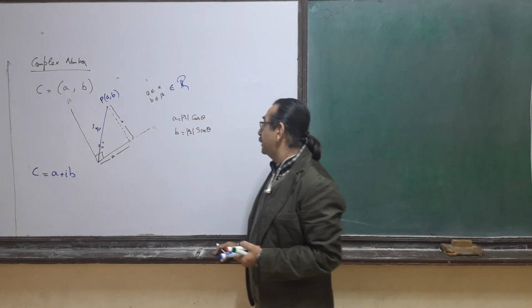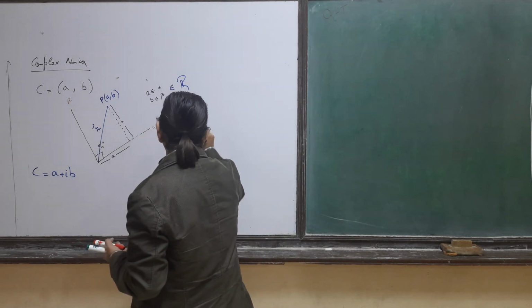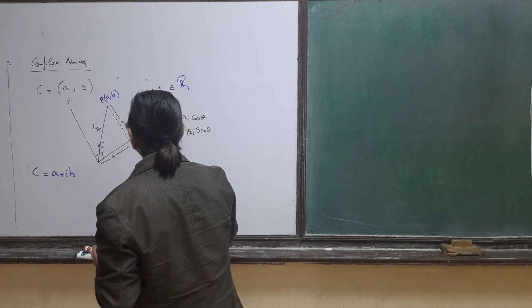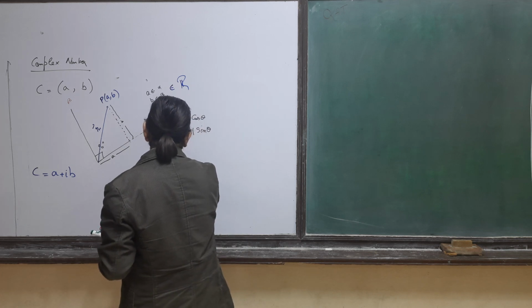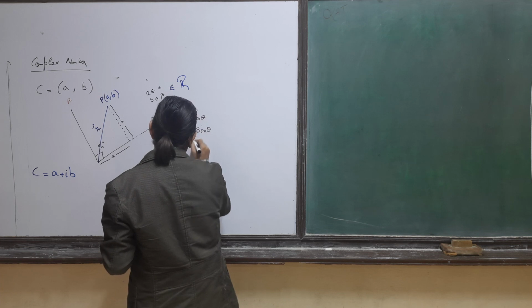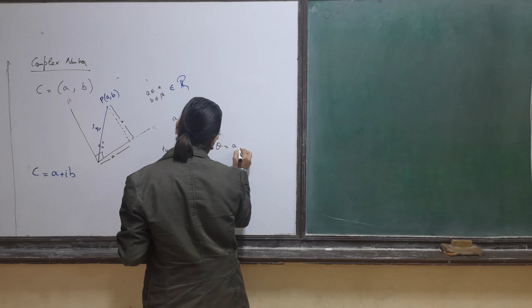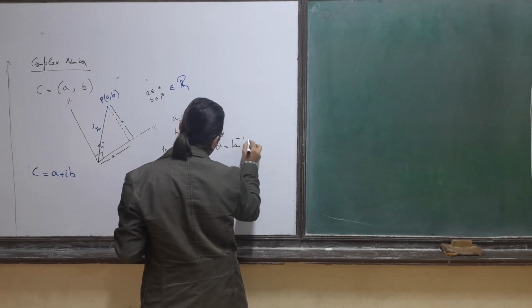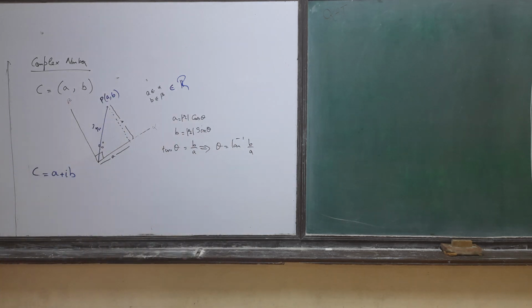So tan theta will be B over A, and this implies that theta is equal to tan inverse of B over A, and this is the polar form of the complex number.